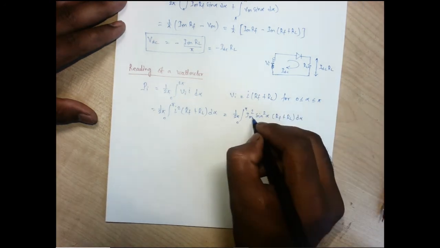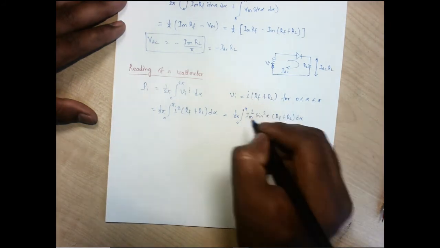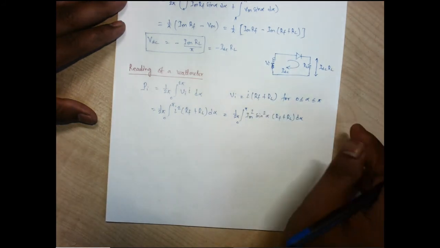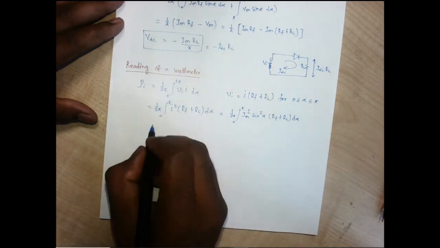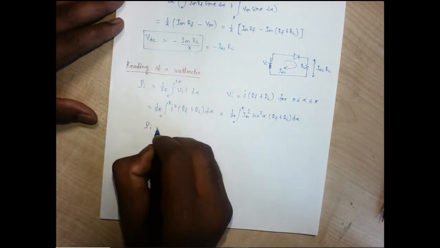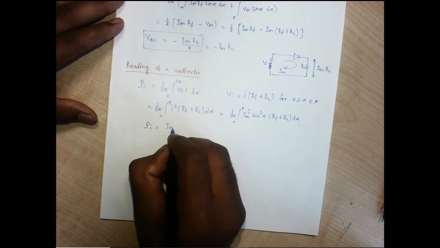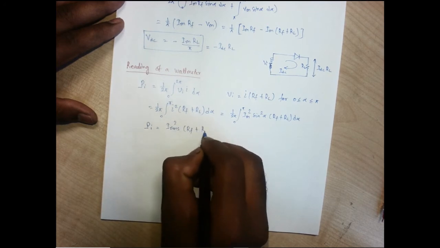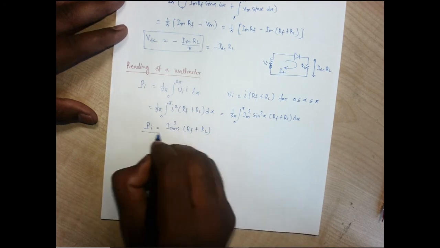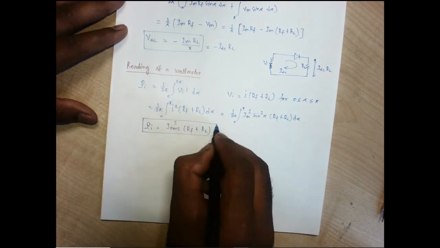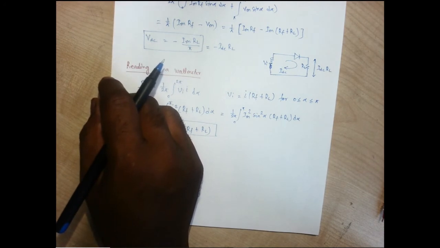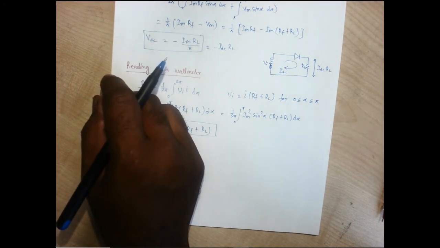Integrating Im square sin square alpha d alpha within the limits 0 to pi gives our I RMS square. So this Pi will be I RMS square into RF plus RL. That is the input power given from the secondary winding of the transformer.